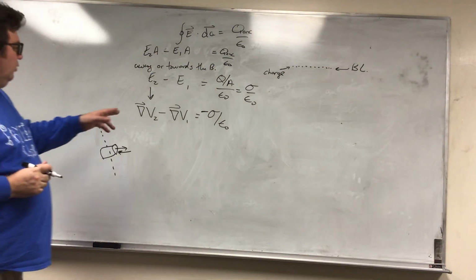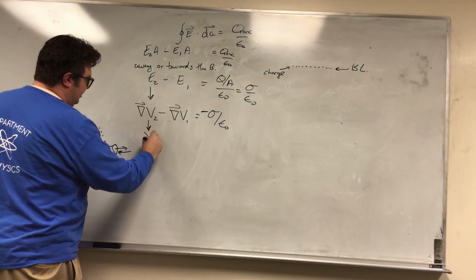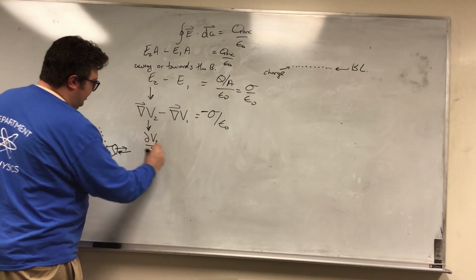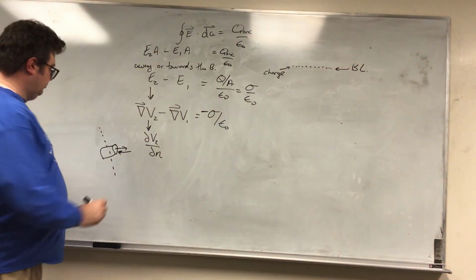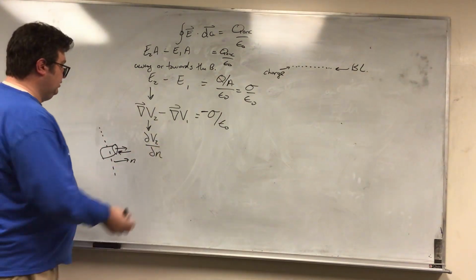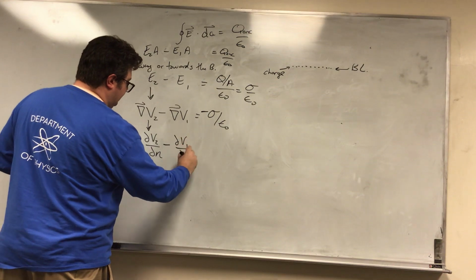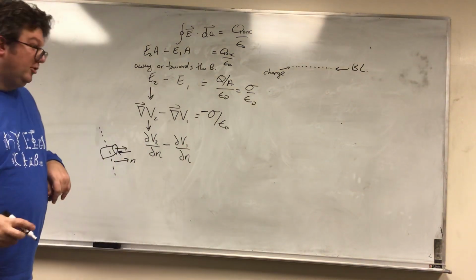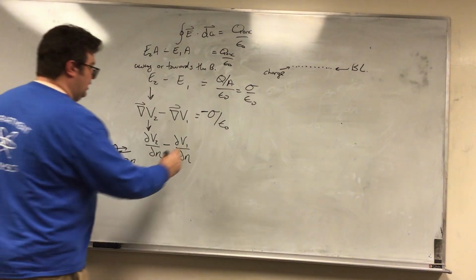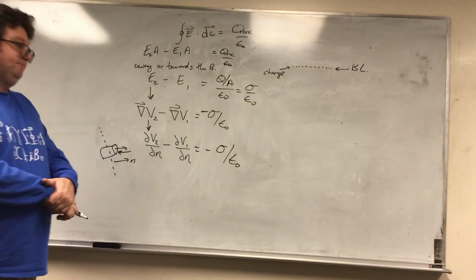So when I look at this, this is going to tell me that the normal derivative of V2, the n direction, the normal direction to that surface, minus the normal derivative of V1, is equal to minus sigma over epsilon naught.